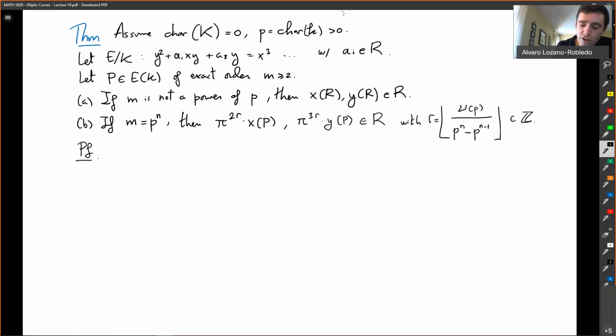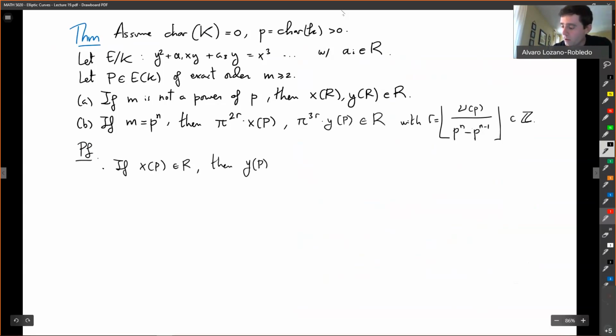So let's start first. If x of p is in R, then notice that y of p satisfies that equation, and that equation in y would be a monic quadratic polynomial with coefficients in the ring of integers.